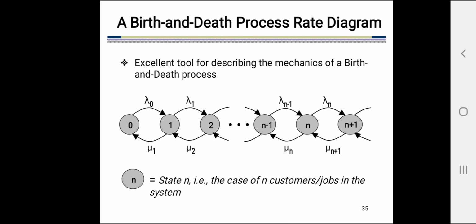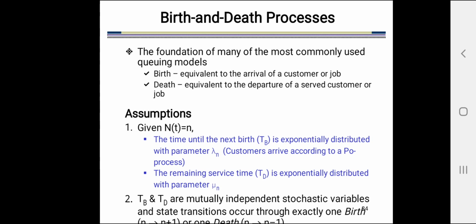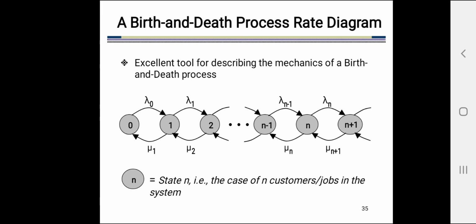This is an excellent tool for describing the mechanism of the birth and death process, as you can see on the screen. Here lambda is the parameter for customer arrivals, and mu n is the service parameter.